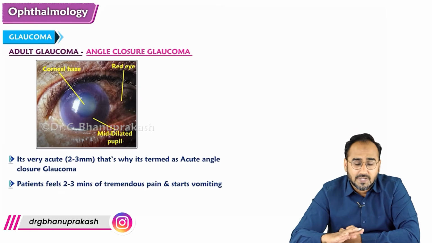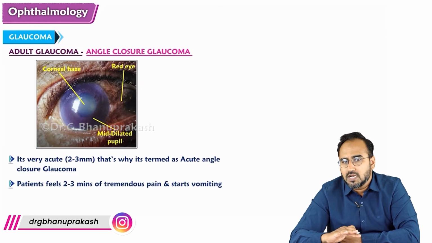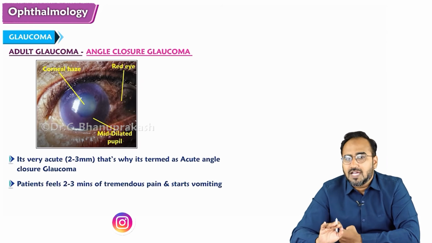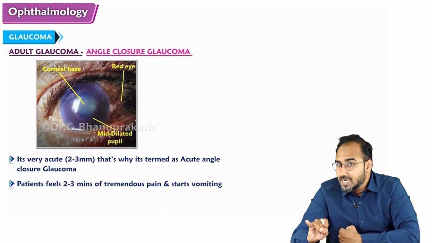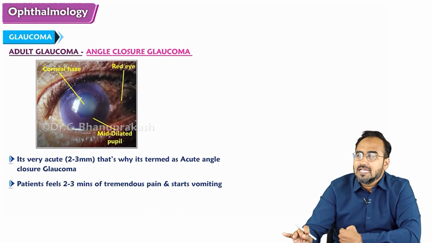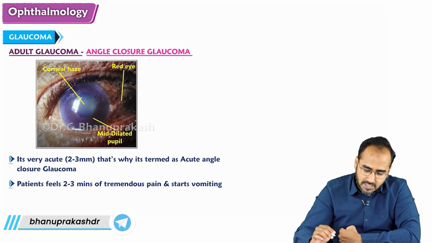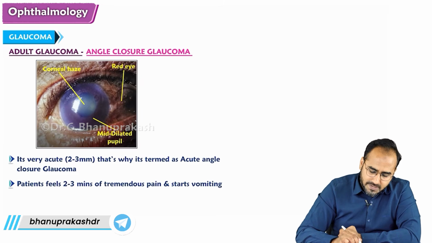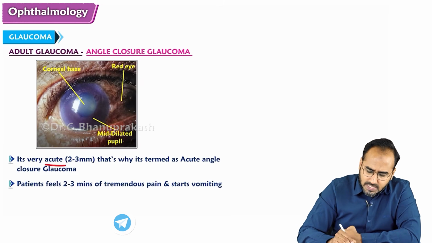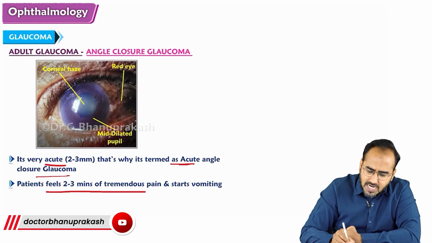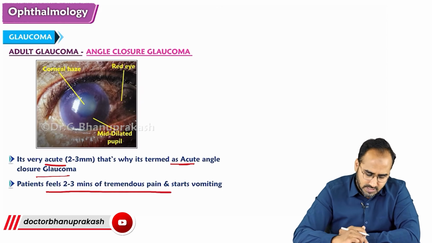But remember, guys, the only emergencies in ophthalmology are angle closure glaucoma or chemical injuries of the eye. In angle closure glaucoma, the patient will have severe, acute, tremendous pain. Hence, it is called acute angle closure glaucoma.